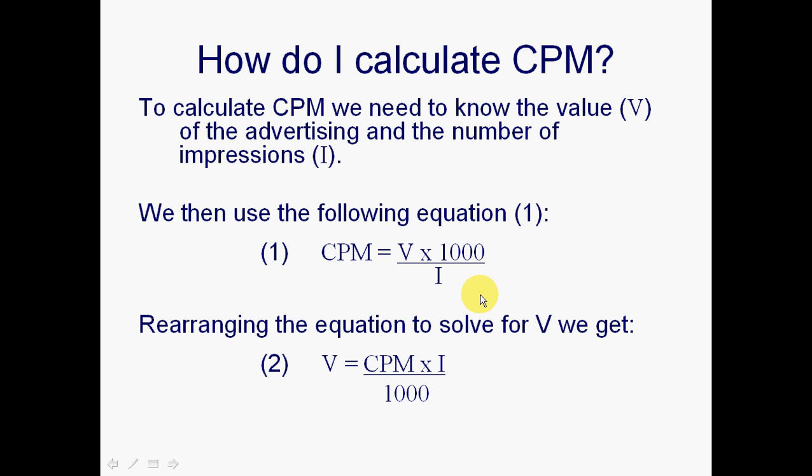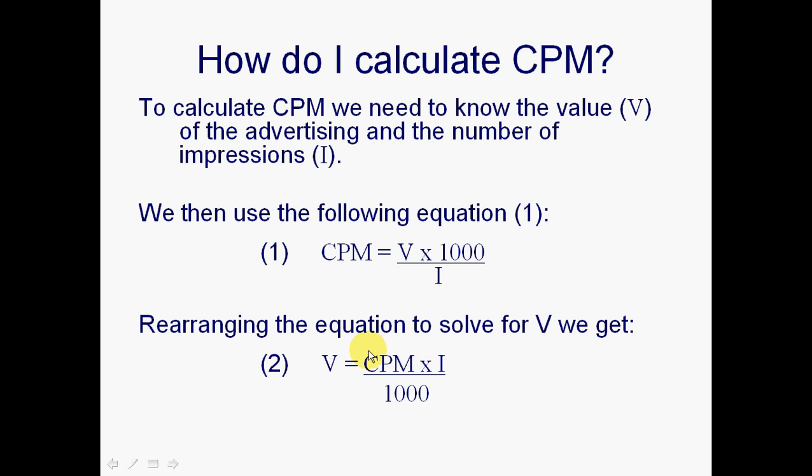The one or two constant things, obviously we have our $1,000 value there, that's constant in both these equations. The other thing that you need to know about all your advertising assets is the number of impressions. So the I is constant. So therefore that becomes one of the first things that you need to know about all your advertising assets, is how many impressions are going to see this ad.